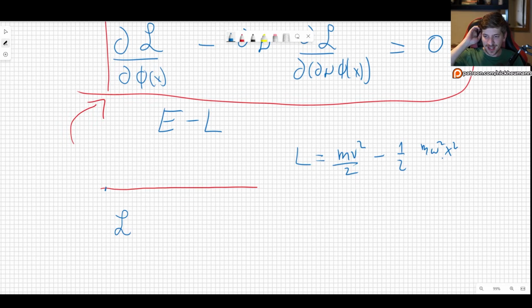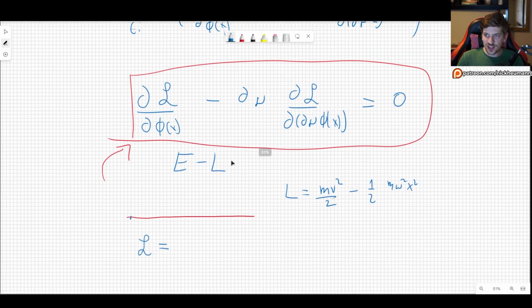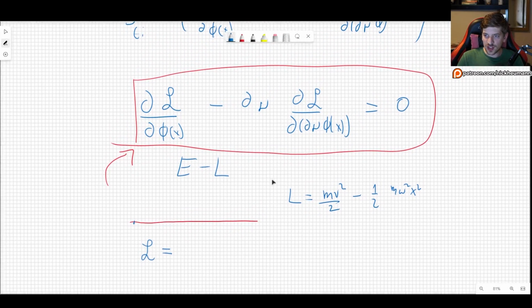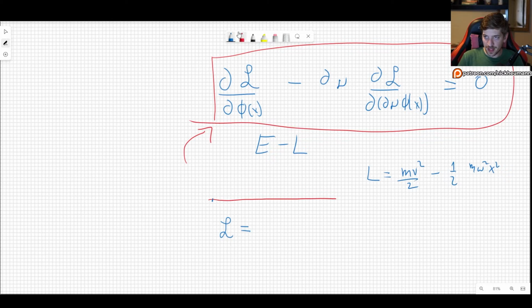So now thinking of our current situation, this is of course a little bit of guesswork, but also considering that once we apply that Euler-Lagrange equation, we want to get to d mu d mu plus, sorry, m squared times phi of x equal to 0.